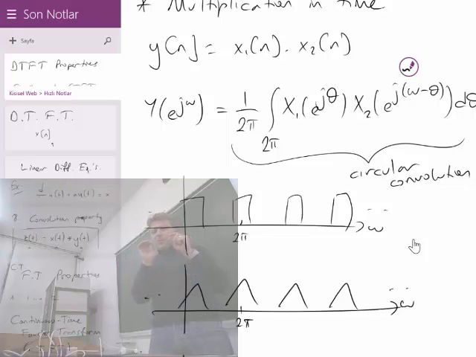You have to very carefully slide one of them and see whether after some point this one will not overlap, but the other extra term will start overlapping, and things like that. And you have to be careful about that.